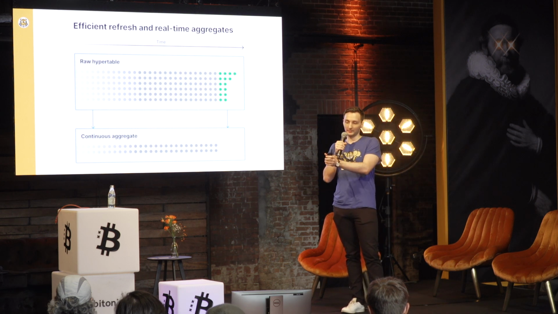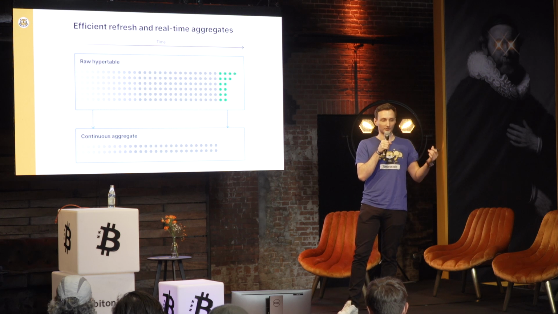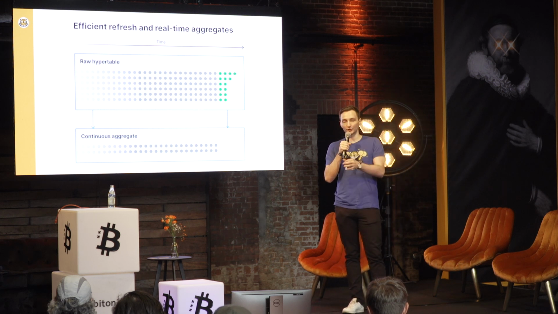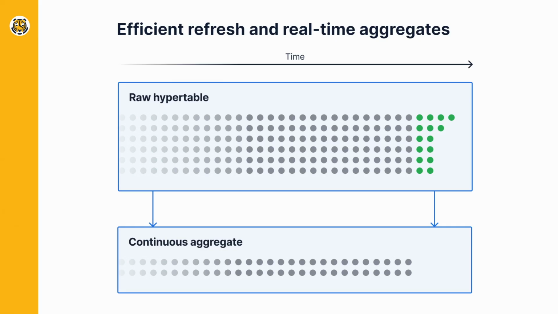Except the last maybe 10% or less, which is not yet pre-aggregated. It might take 10 minutes, an hour, 2 hours, depending on your policy, until that portion will get aggregated as well. And so when you make the query to the continuous aggregate, that little portion will be calculated on the fly, but that's so little data that it doesn't impact performance that much.